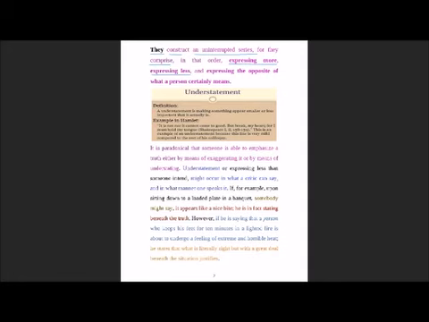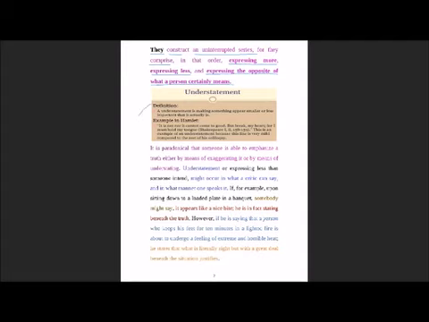Sometimes a few words are enough to express sentences or paragraphs. And expressing the opposite of what a person actually means is what we call irony, as well as paradox. Irony is the opposite of what a person actually means.